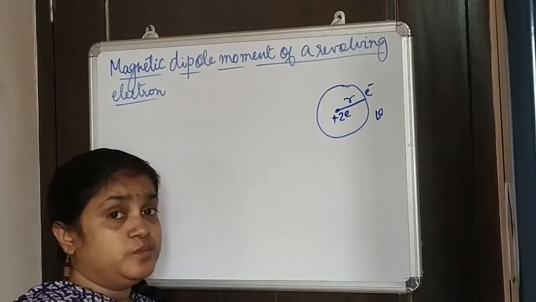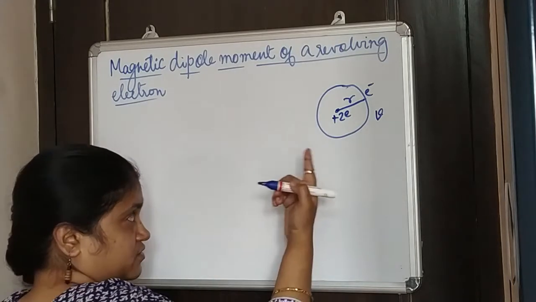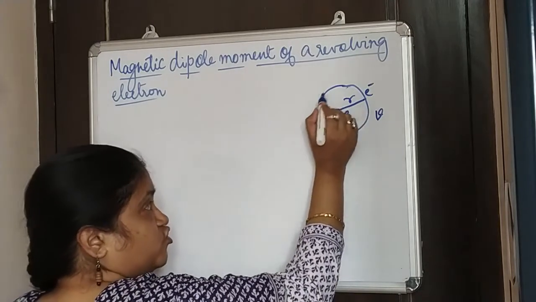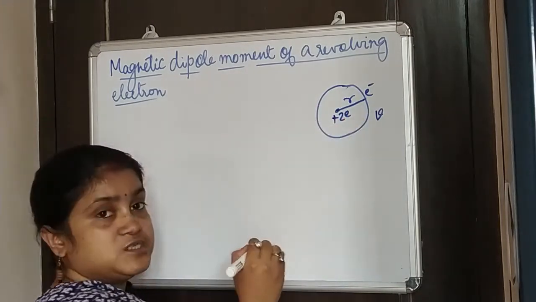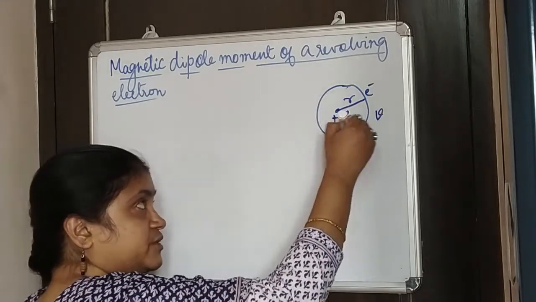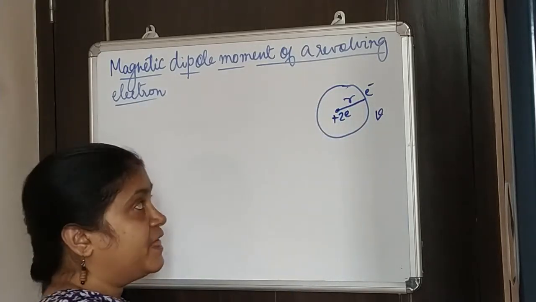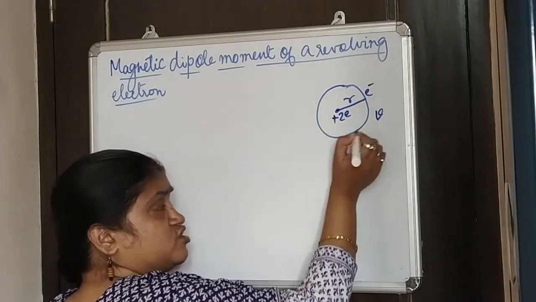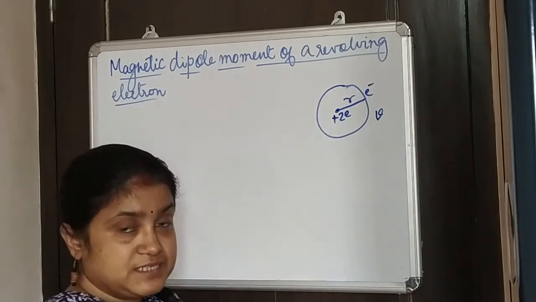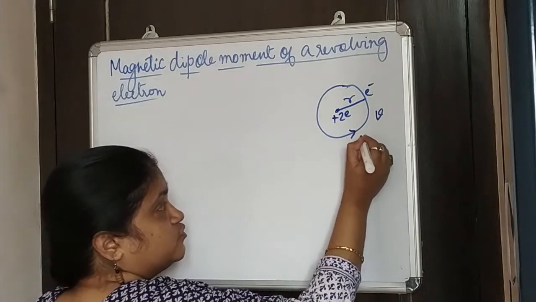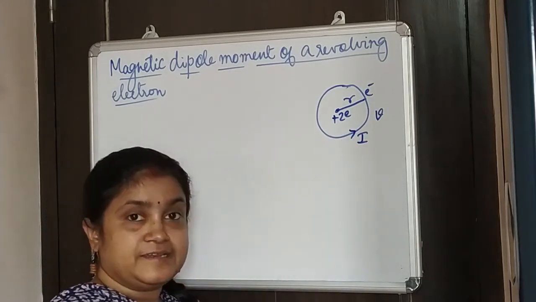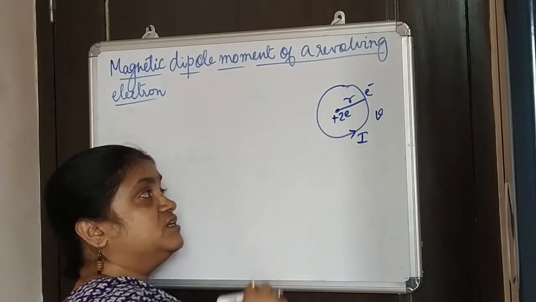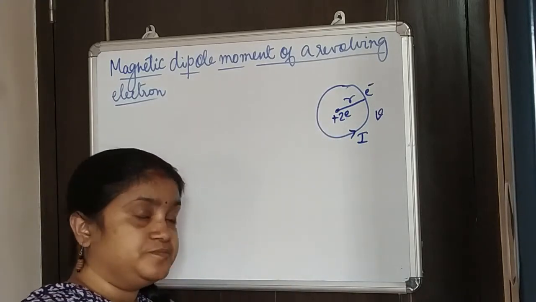So according to Bohr's theory, Bohr formulated this theory which tells that the electrons move with a particular velocity in a particular orbit. And as we know, when electrons move with a particular velocity, it constitutes a flow of current. So we can consider this as a circular current carrying loop.